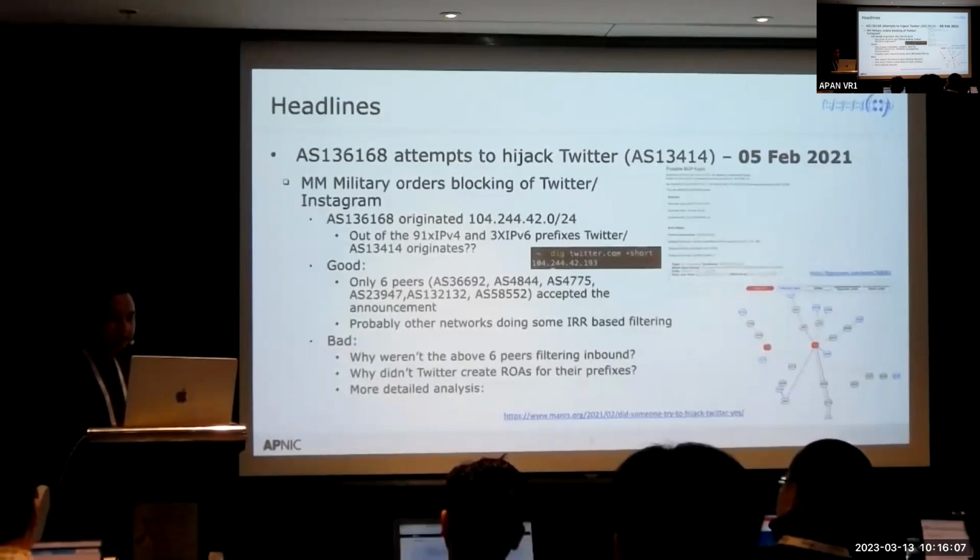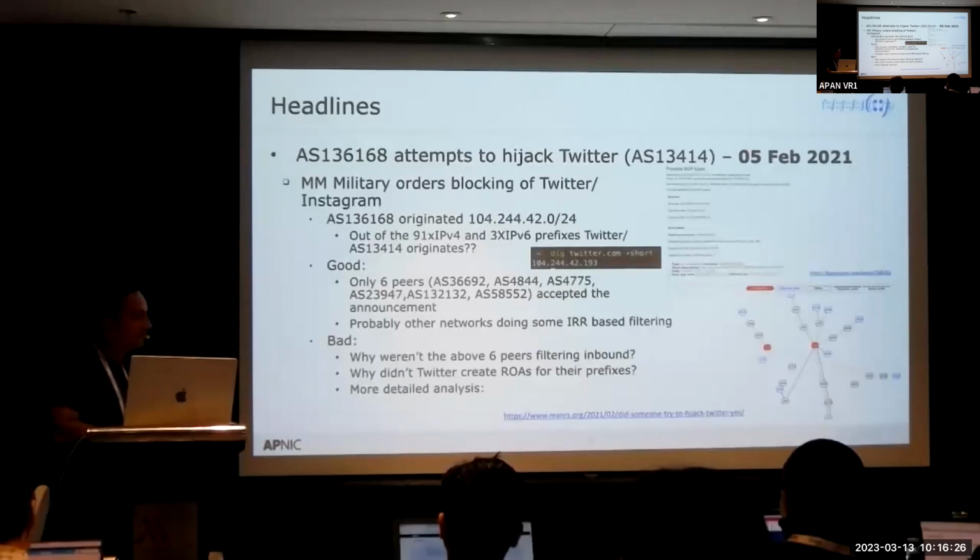And you know, it's a good thing to do filtering for all the announcements you receive from your neighbors, right? But one of the things is, why didn't Twitter also create a ROA for this prefix, right? So Twitter is one of those organizations which has a long-standing background in the network industry, right? But still, they're missing the ROAs for the prefix. So this can happen to anyone, right?